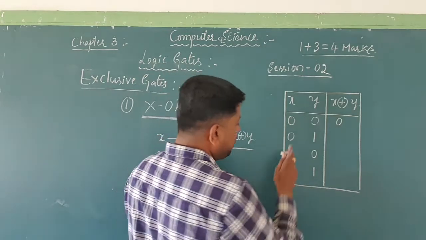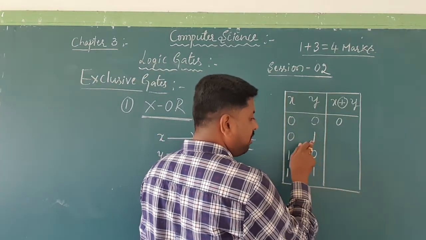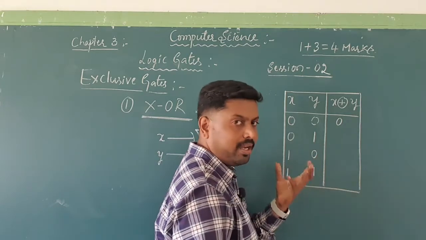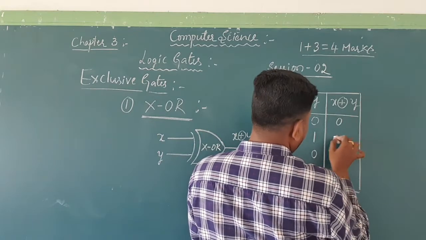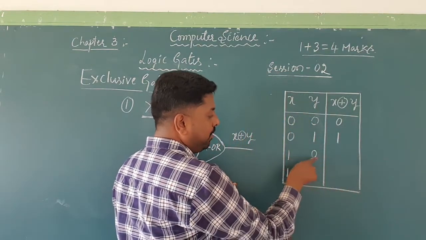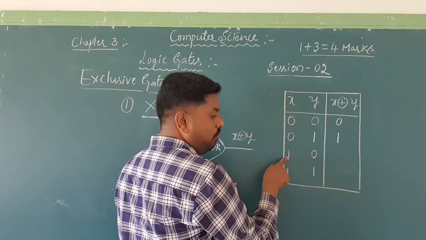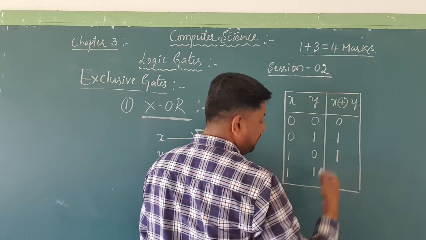In the next input, 0 and 1, of course a 1 is there, and that is an odd number of ones, so the result is 1. Here also it is the same: an odd number of ones, because in both inputs only one 1 is there. So here also the result is 1.